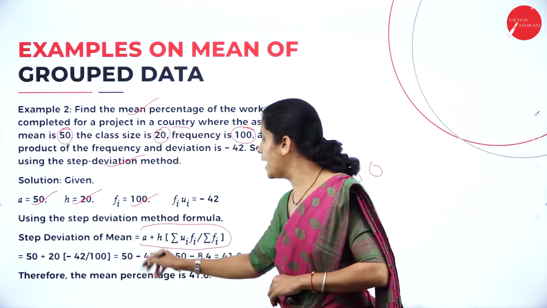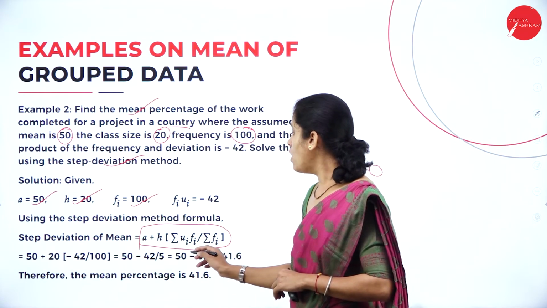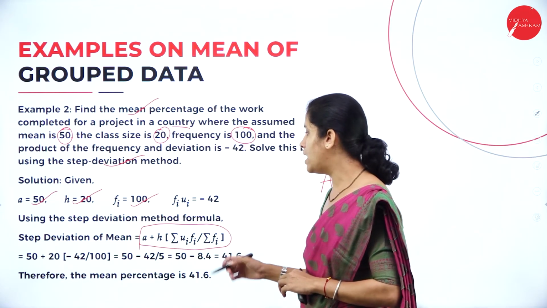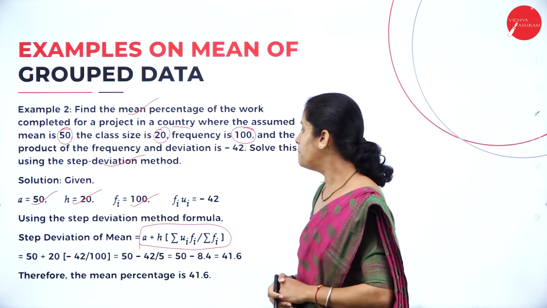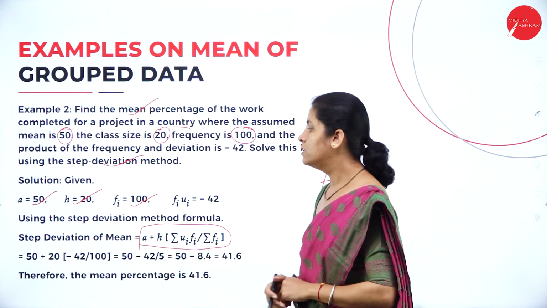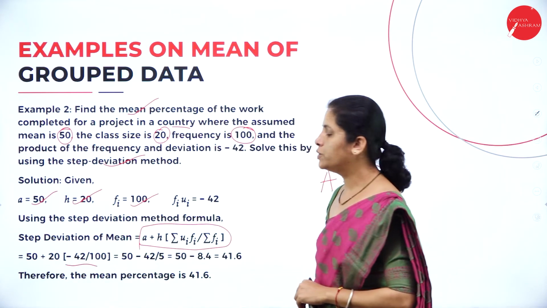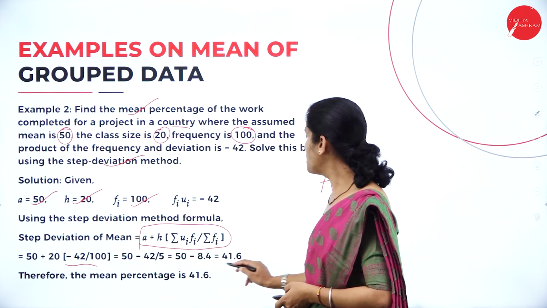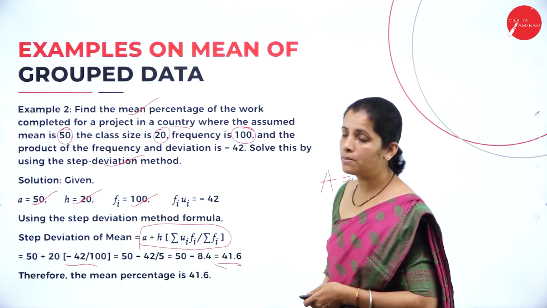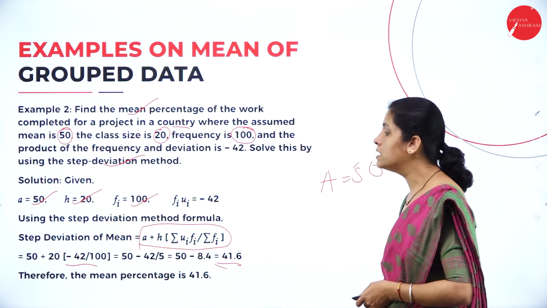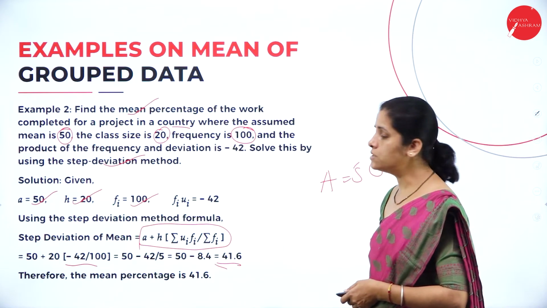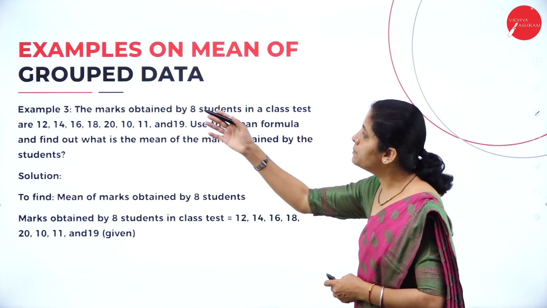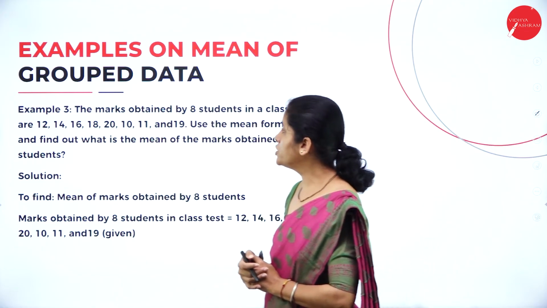A plus h times summation of ui into fi divided by summation of fi. So 50 plus 20 into minus 42 divided by 100. When I simplify this, I get the answer 41.6. Therefore, the mean percentage is 41.6.